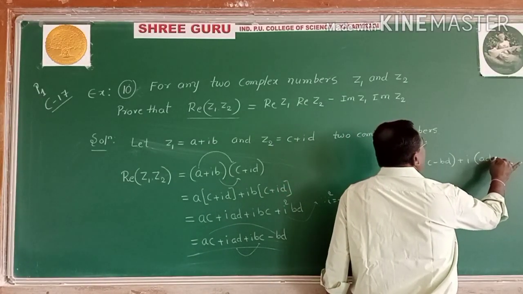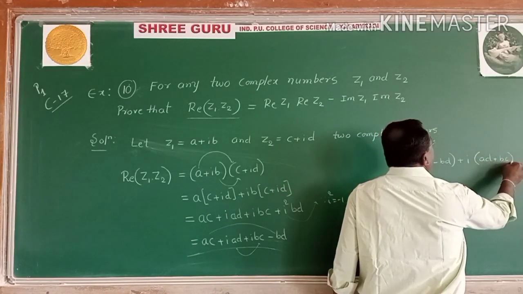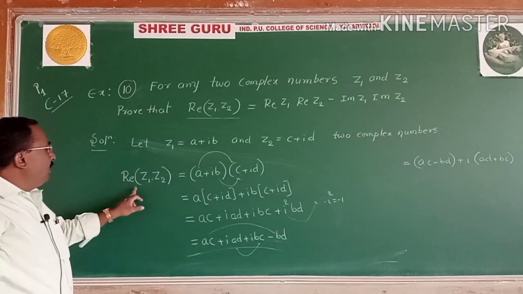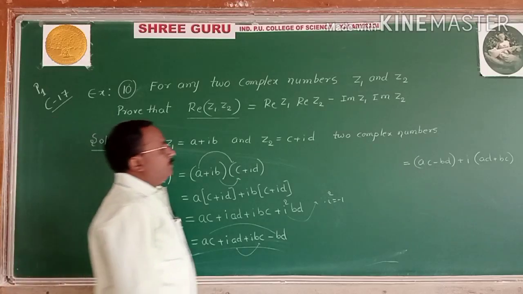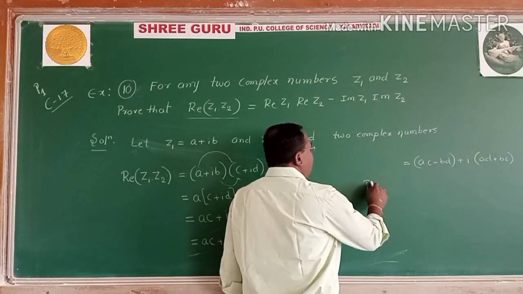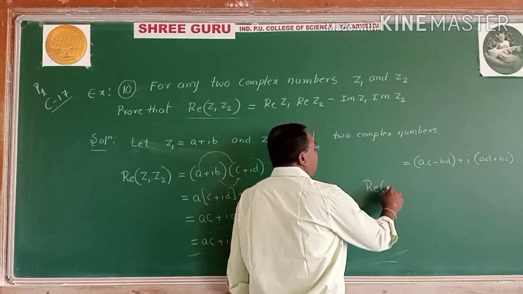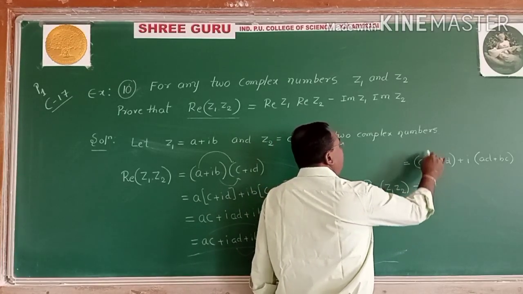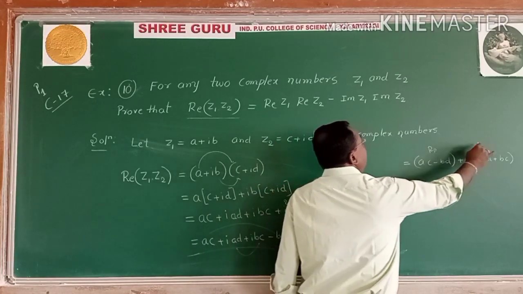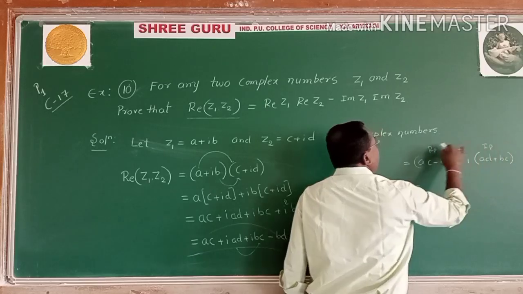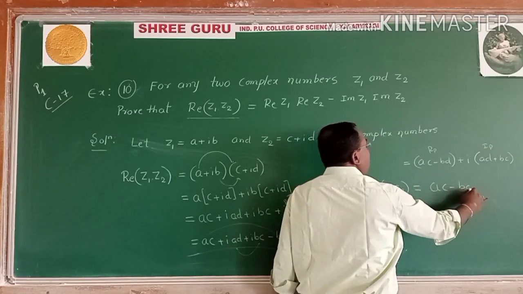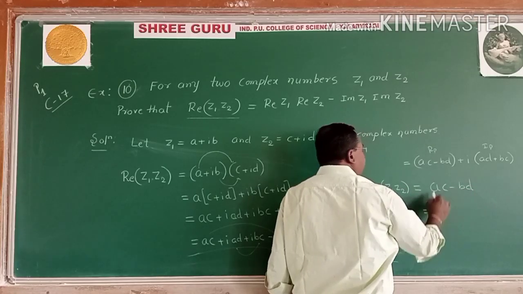This is the complete product. To find only the real part of Z1 Z2, here Re means real part of Z1 into Z2, separate, right, real part. This is the real part, this is the imaginary part. Real part is what? ac minus bd.